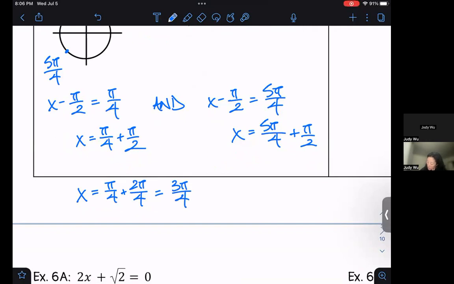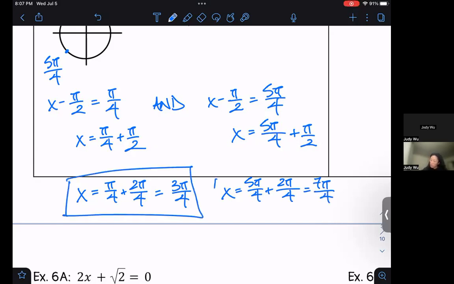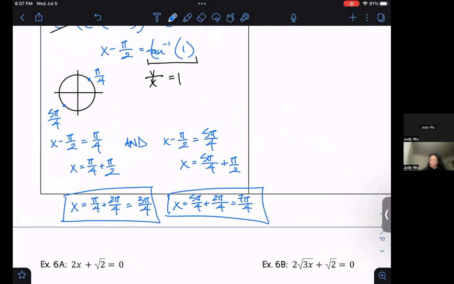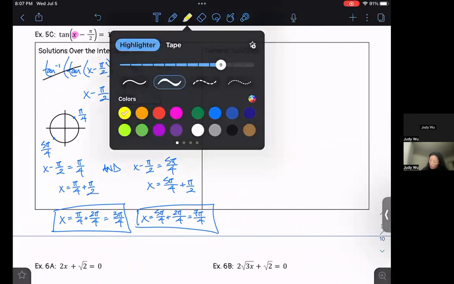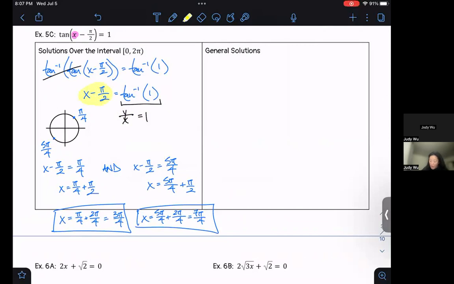And if we do something similar over here, we get x equals 5 pi over 4 plus 2 pi over 4, which will give us 7 pi over 4. All right, so one solution, two solutions. One thing that is, again, really important here is that we take this whole chunk, x minus pi over 2, and that's what we set equal to whatever angles we find here.